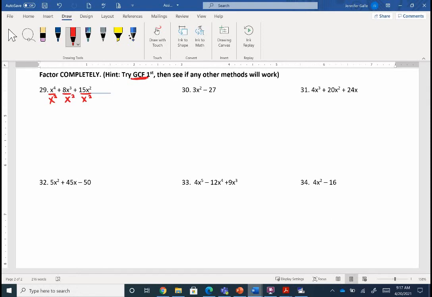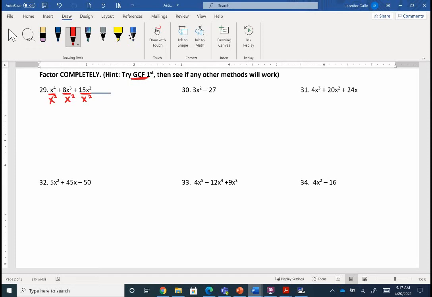So make sure, guys, again, in case those of you that are sitting there on your phones right now are missing out, I'm looking at question 29 on your review. Just got finished explaining why I can't do a quadratic trinomial technique on this. I can't do quadratic trinomial because the highest exponent is a 4 and not a 2.